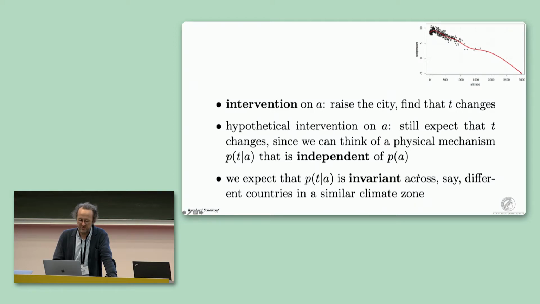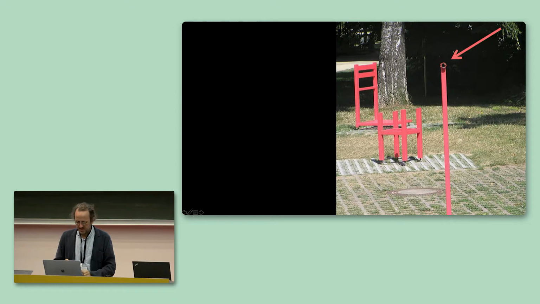And this mechanism should be independent of what altitudes we feed in. And also, similarly, we would expect that this mechanism might also be invariant across, for instance, different countries in a similar climate zone.